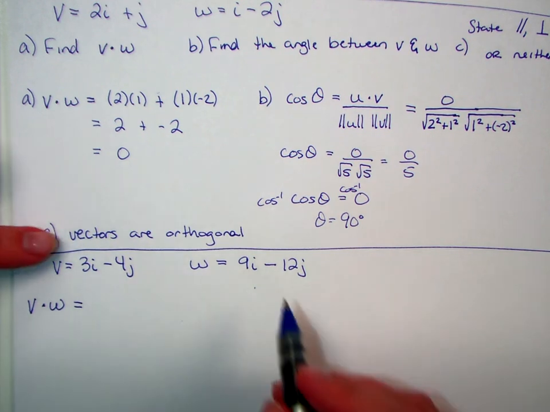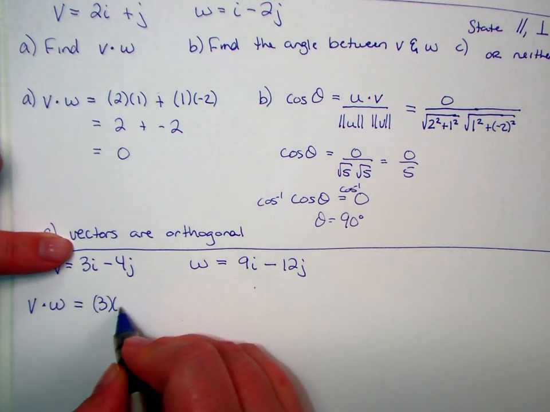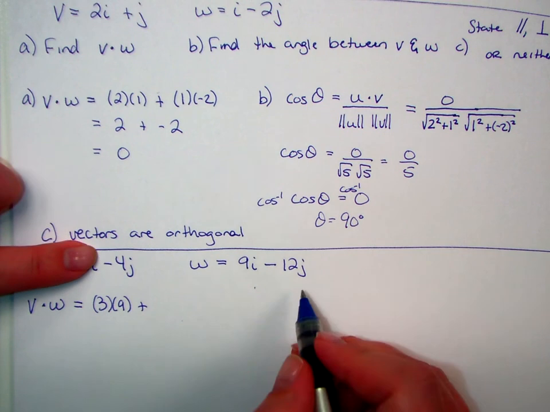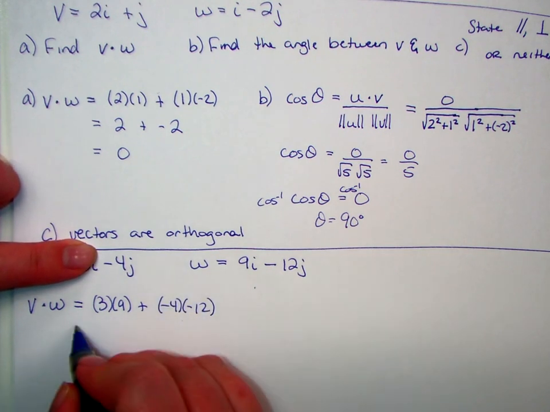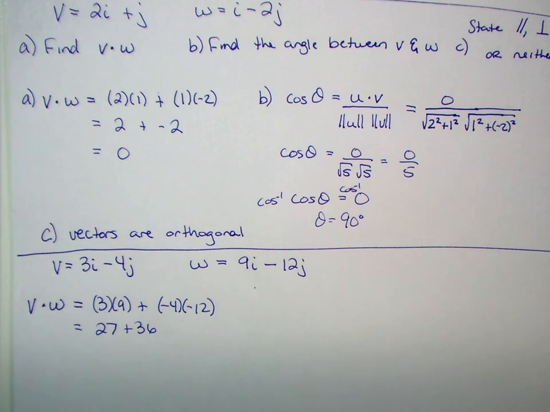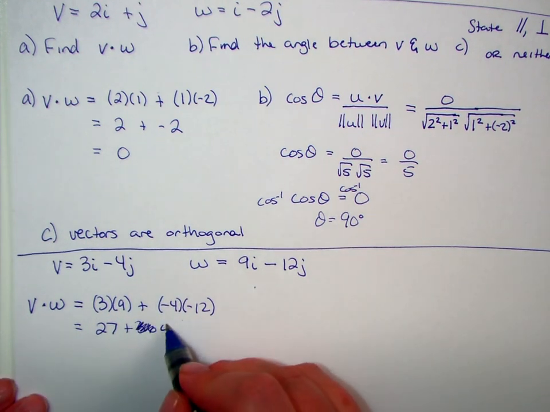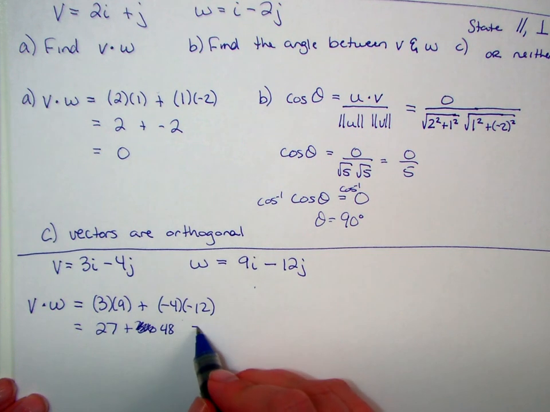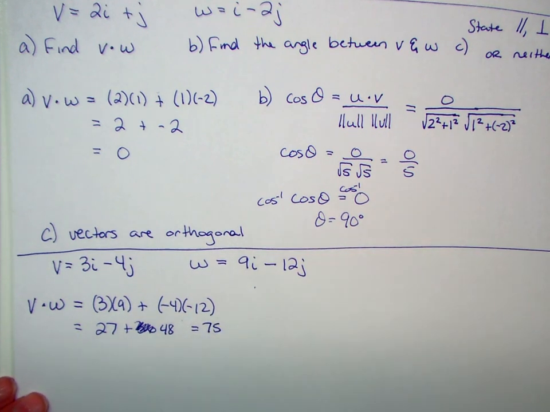And so we're going to do the I components multiplied together plus the J components multiplied together. And so we're going to get 27 plus, not 36, oh my, 48, which is a dot product of 75, okay?